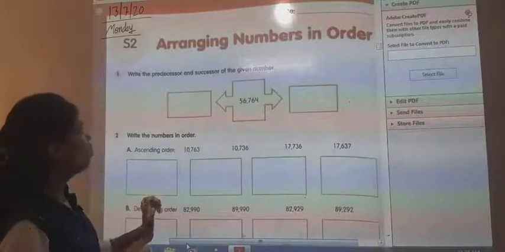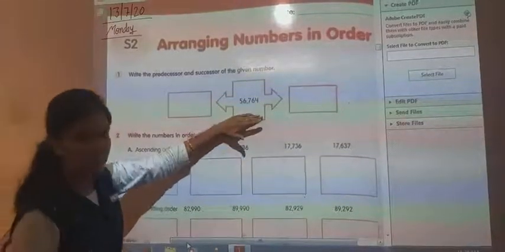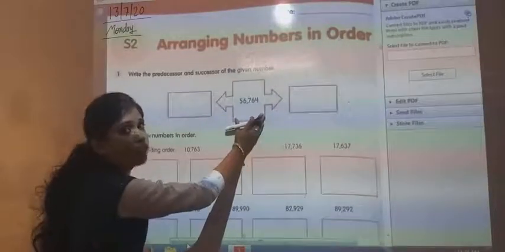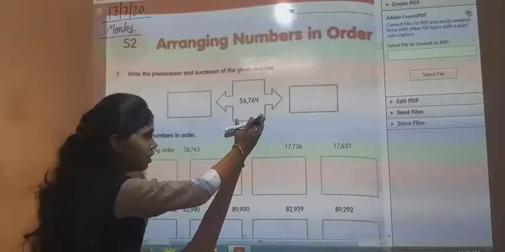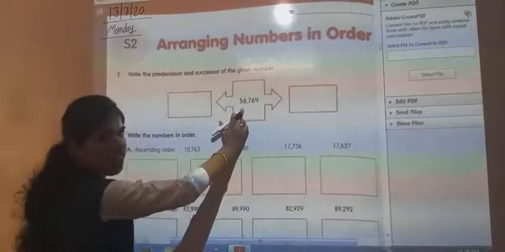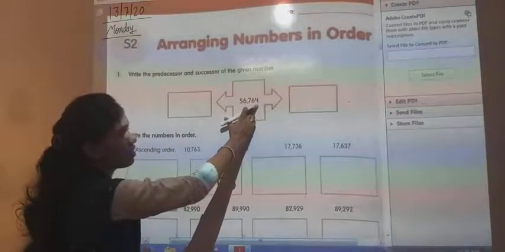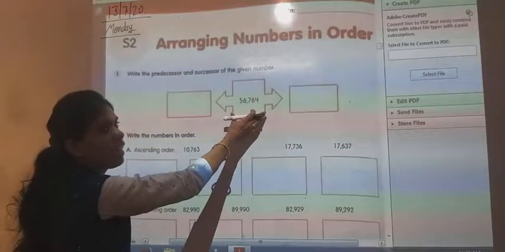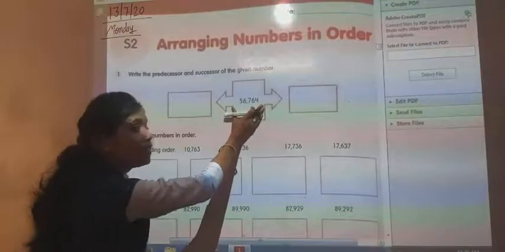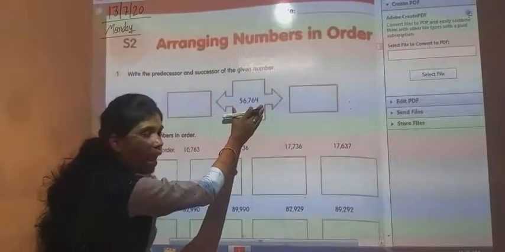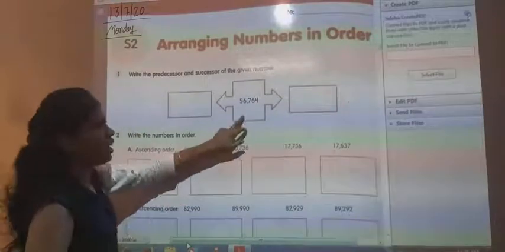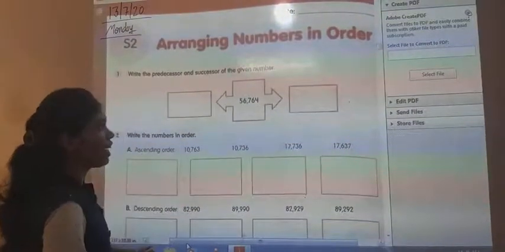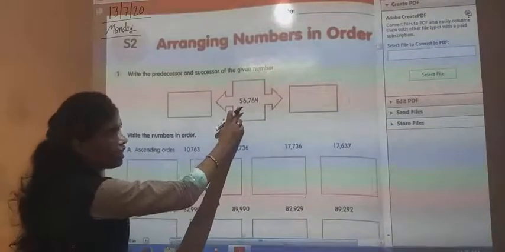Now we have a number and we have to write the predecessor of this number. The number is 56,764. Predecessor means we will subtract 1 from this number.